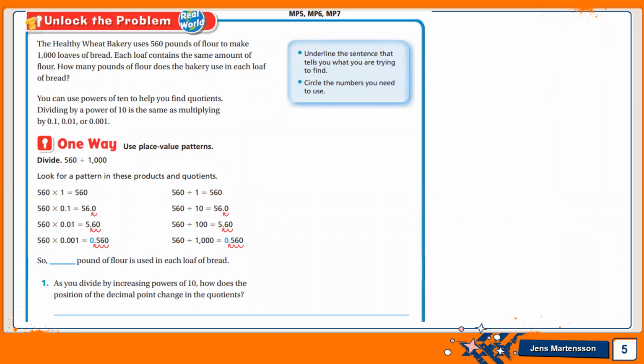How many pounds of flour does the bakery use in each loaf of bread? Here, as you see in this square, they tell you that in order to start understanding any word problem, first of all, you have to underline the sentence that tells you what you are trying to find.